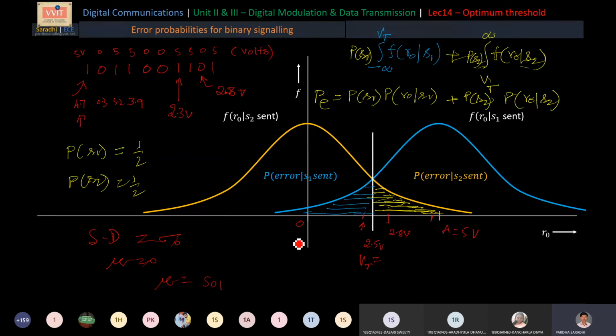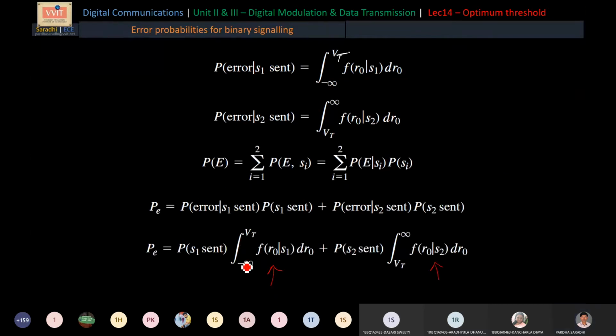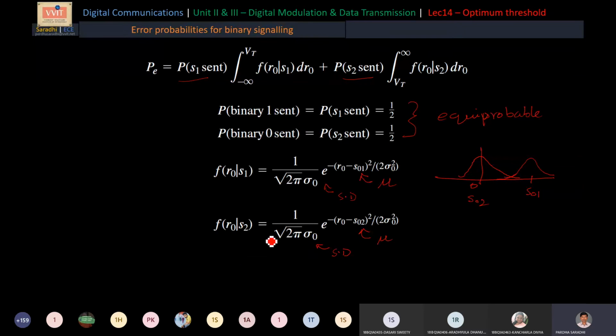Here S02 is 0, so this is S01. So we have two Gaussian pulses, both with the same standard deviation sigma naught, and their mean values are different: one is 0, another one is S01. To speak more generally, this is S02 and this is S01. And what is the Gaussian function expression? It is very popular; everybody should know that. So this is Gaussian.